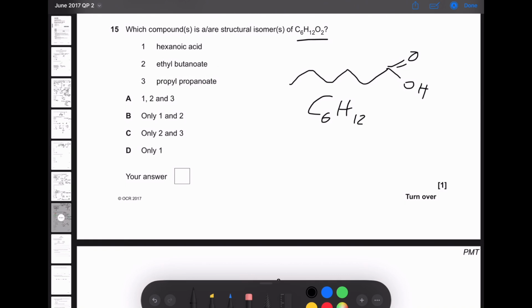I'm just going to rush this for you, is H12, and that's O2, because that's 3, that's 5, that's 7, that's 9, that's 11, and then there's none here, but there's one here, so that's 12. Next is ethyl. Hang on, I'll take that off before I forget. So 1 is awesome, so cross out C.